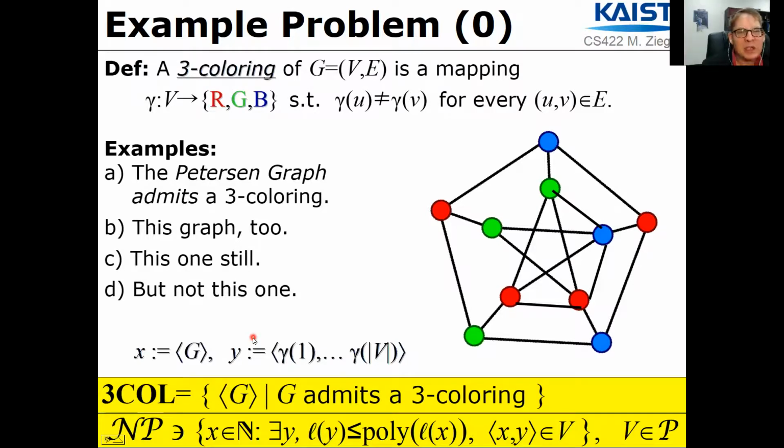So far everything looks good, and in particular this class 3-colorable thus belongs to this syntactic complexity class NP. And this immediately raises the question whether NP is optimal, whether this is the final answer. Remember our small hierarchy.